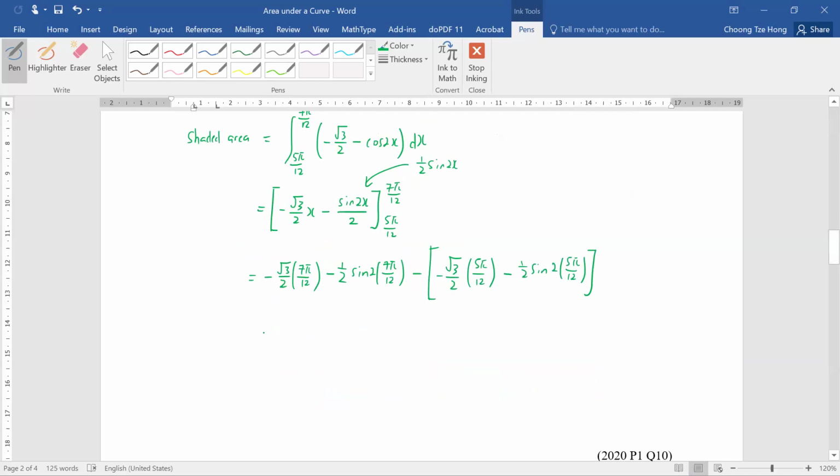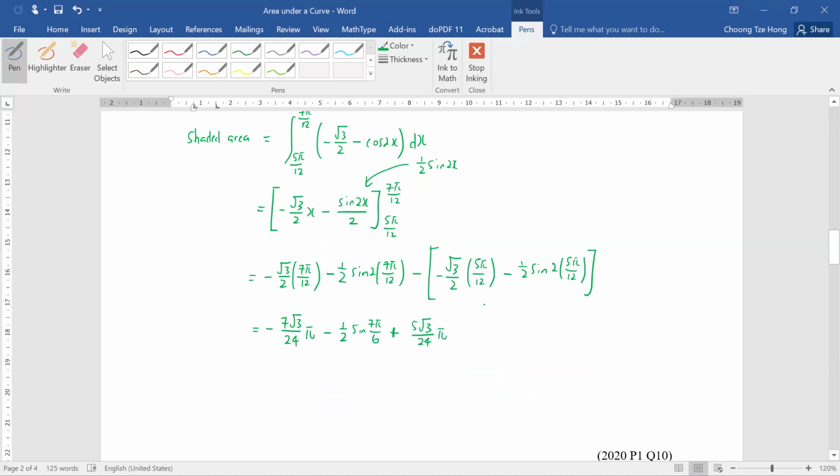Over here we will actually get negative 7 square root 3 over 24 pi, minus half sine. 2 times 7 pi over 12 becomes 7 pi over 6. So I'll do an additional step. This one will open. Negative and negative become positive, right? So it becomes 5 square root 3 over 24 pi.